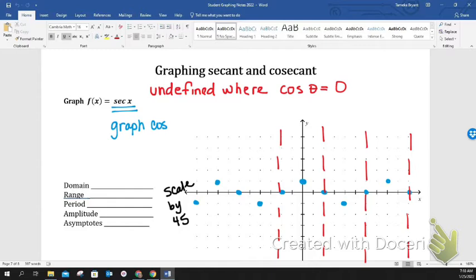And we'll talk about why we have an asymptote. So secant has a vertical asymptote every time cosine is equal to 0.